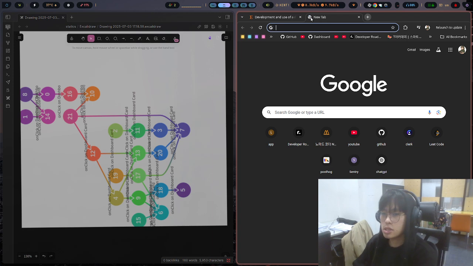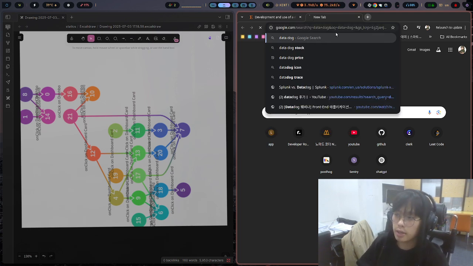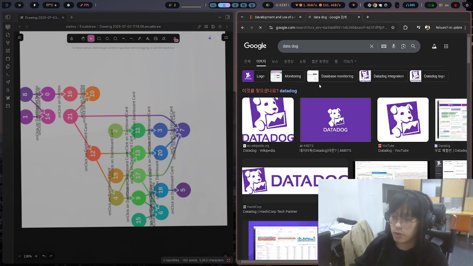They use Datadog. It looks at user behavior, and also does monitoring, backend and frontend.